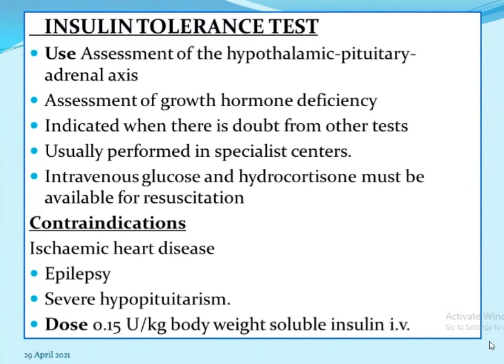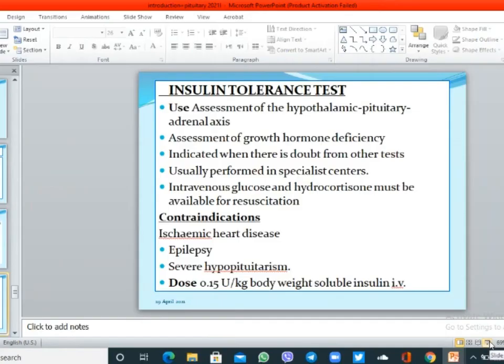It will also assess growth hormone deficiency, indicated when there is doubt from other tests, usually performed in specialized centers. Intravenous glucose and hydrocortisone must be available. It is contraindicated in ischemic heart disease, in epilepsy, and in severe hypopituitarism.